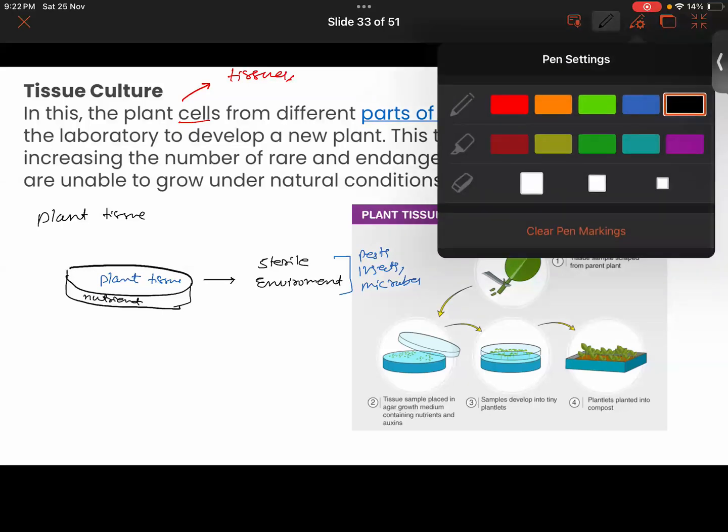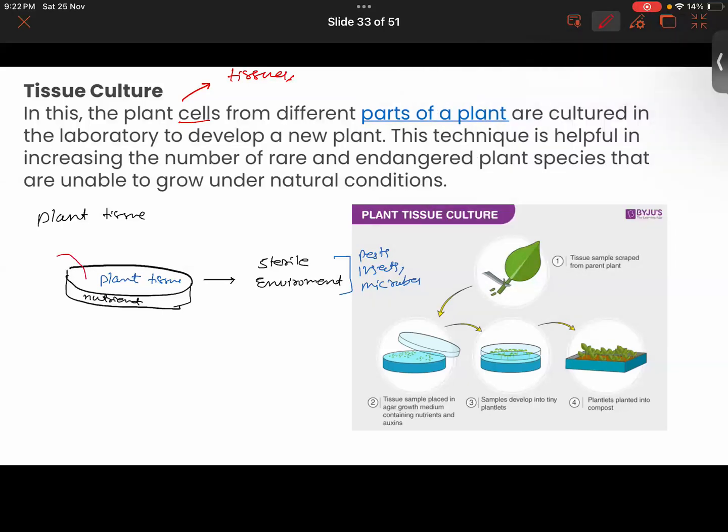I can introduce certain hormones in order to boost the development of the plant. I will be providing hormones that will increase the shoot growth, or that will also promote the growth of the root system.